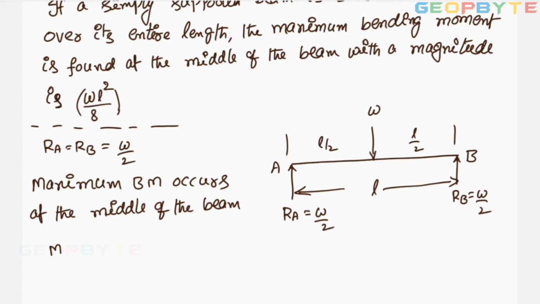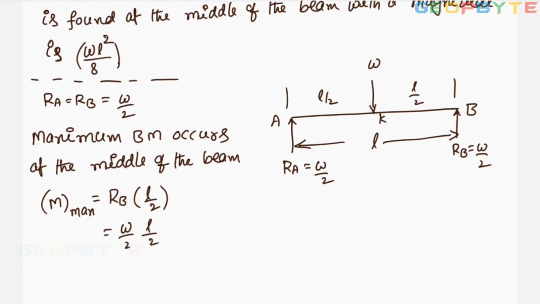That maximum bending moment at the middle of the beam is equal to W by 2, RB, into the distance up to middle K, RB into L by 2. No other load is there between B and K. It is equal to W by 2 into L by 2. You simplify this value for getting WL by 4.